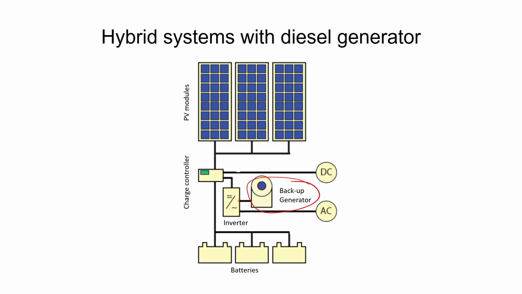So, we need to understand the components very precisely for solar PV: how to design, how many modules are required to meet the demand, how many batteries are required, and how these configurations are to be made.